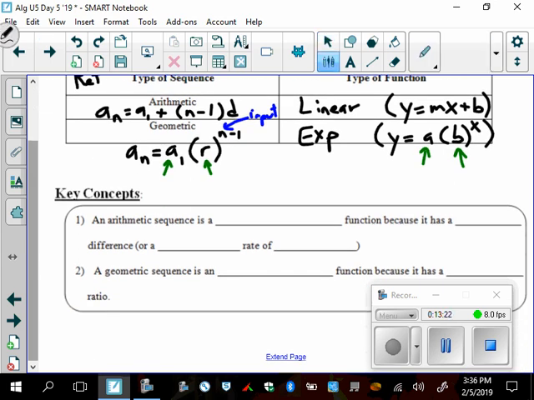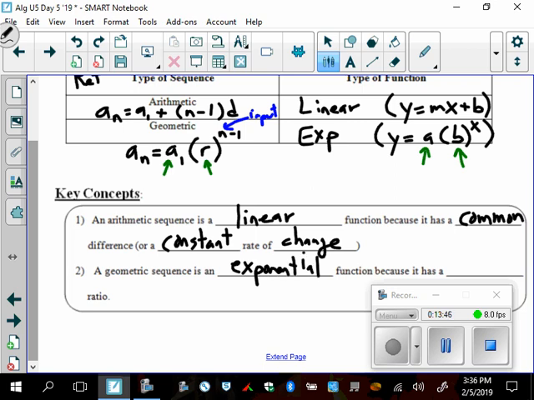So an arithmetic sequence is a linear function because it has a common difference or a constant rate of change, whereas a geometric sequence is exponential, and this has a common ratio, or you can think of it as increasing at an increasing rate or decreasing at a decreasing rate.